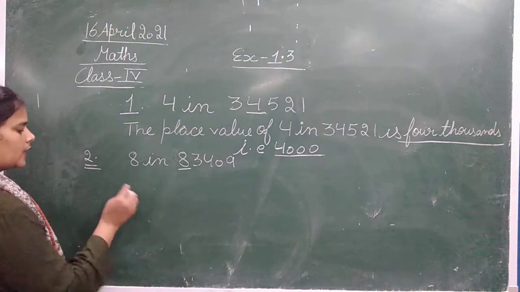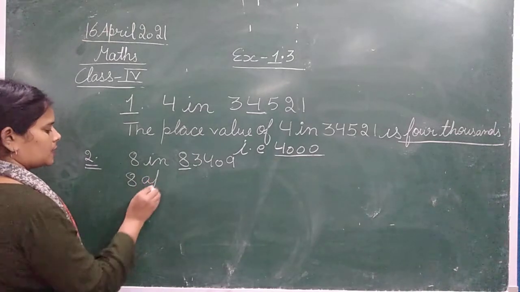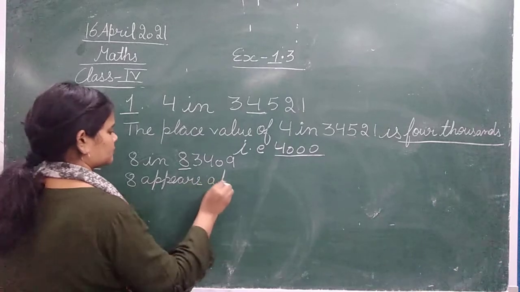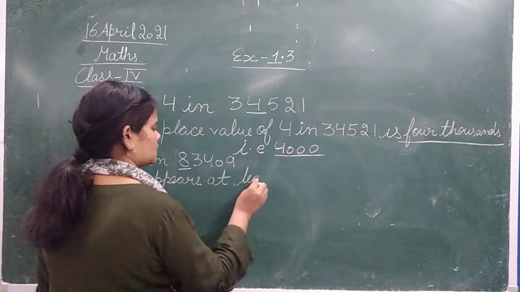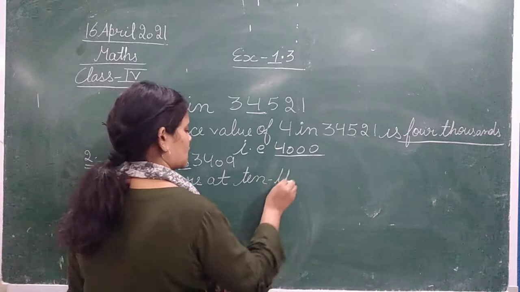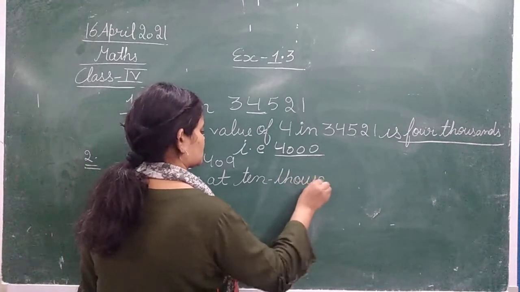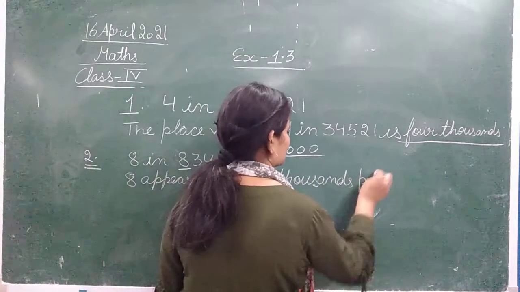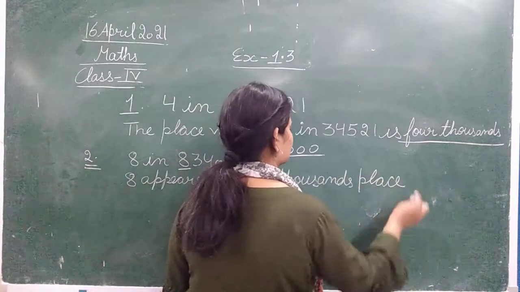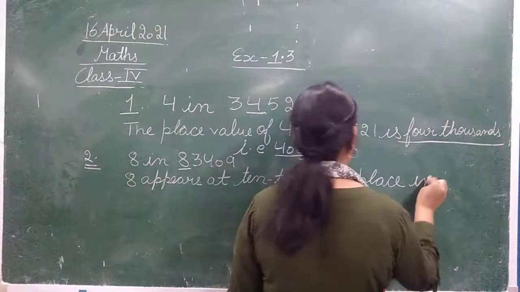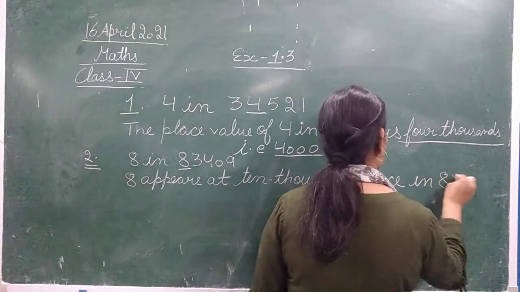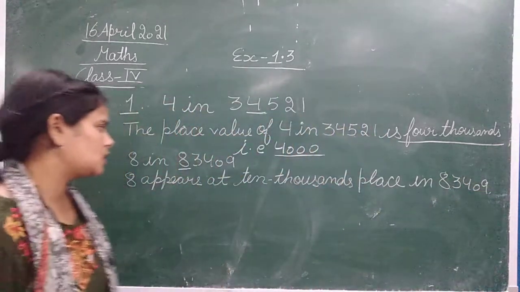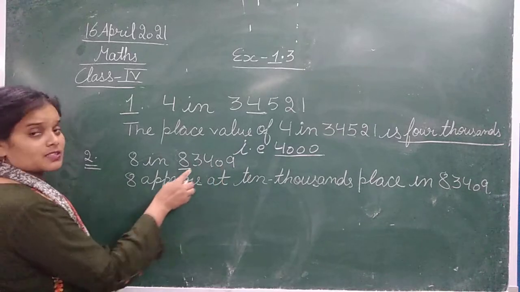We will write it fully: 8 appears at 10,000 place in 83,409. Look, which place is the 8 at? 1, 10, 100, 1000 and that is 10,000.